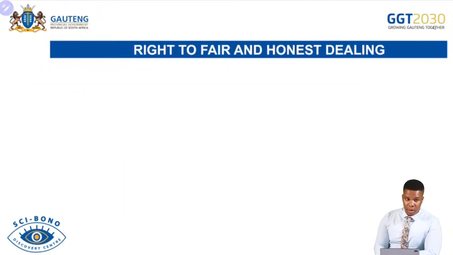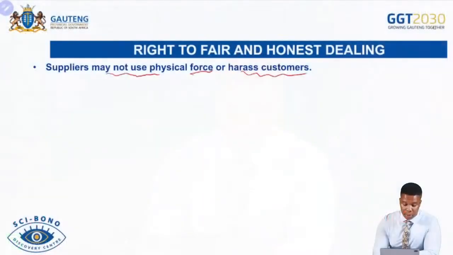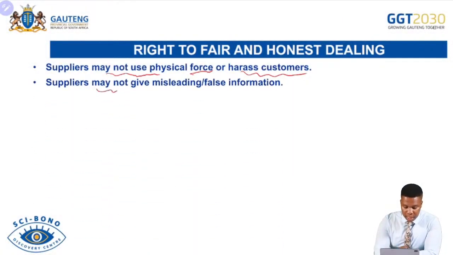And then another right we have is the right to fair and honest dealings. The right to fair and honest dealings: suppliers may not use physical force or harass the customers to buy their goods and services. So suppliers may not do that. Furthermore, suppliers may not give misleading or false information to the consumers.